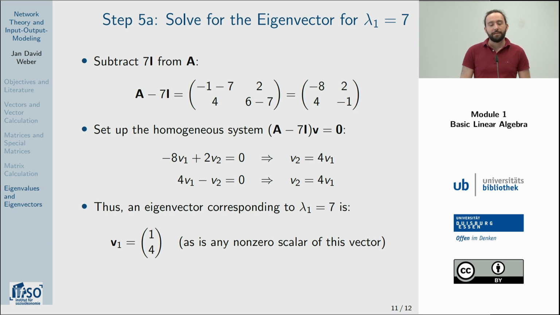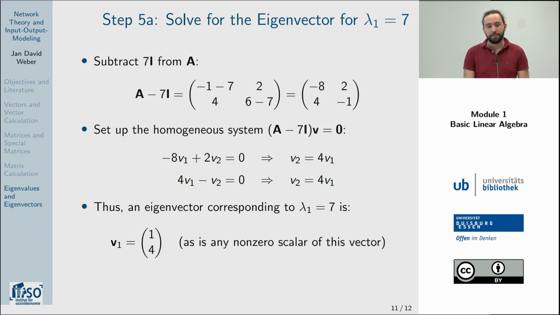And here it's getting a little bit tricky, I would say, because we have to set up a homogeneous system where we have this -8, 2, 4, -1 matrix, multiply it with a vector, and that must give you 0. So we have the matrix of size 2 cross 2, multiplied with a vector 2 cross 1, and have to get that to 0.